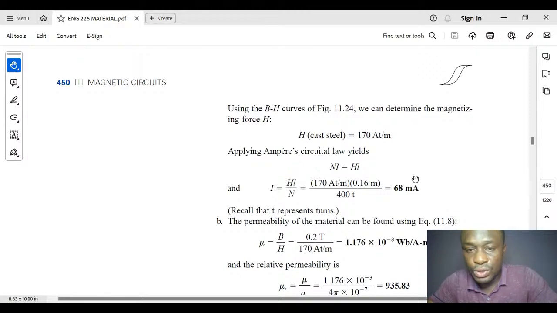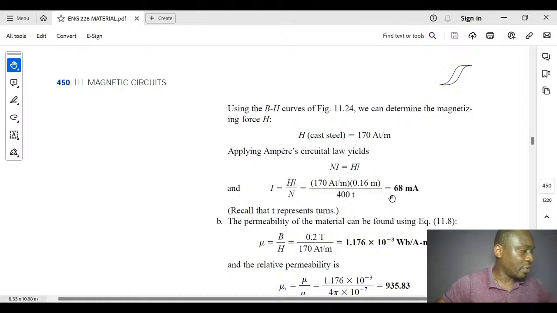Ni is equal to force from our previous formula. You can go to the last formulas I gave you.